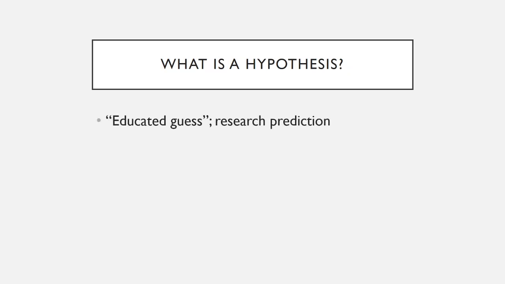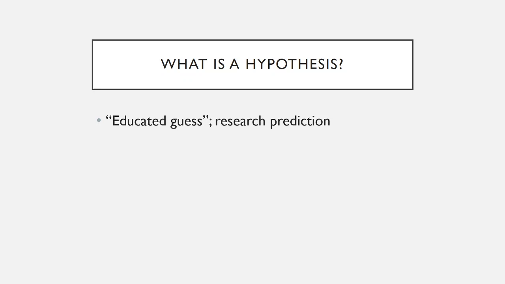So you want to create these predictions in advance, as I said. So a hypothesis is your prediction. You can use hypothesis and prediction largely interchangeably. So your hypothesis is basically your research prediction about what you expect will happen upon the data being analyzed. This is not meant to come out of thin air.